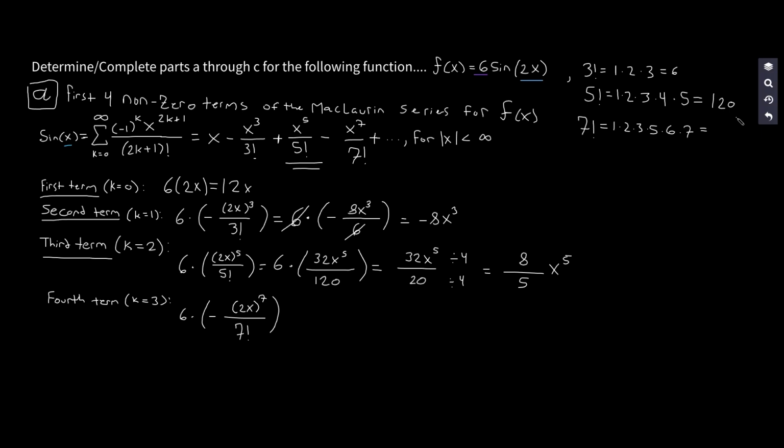Then 120 times 6 is going to be 720, times 7, which is going to be 5,040. And then this is going to be negative, so I'll just put a negative up here in the numerator. 2 raised to the 7th power is 128. X raised to the 7th power is x raised to the 7th power.